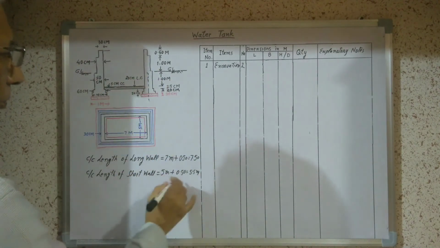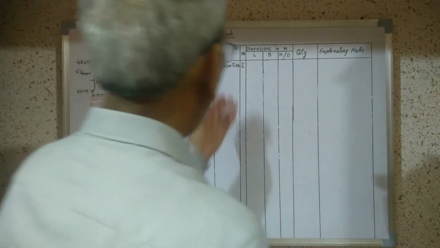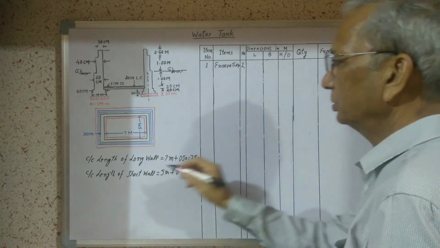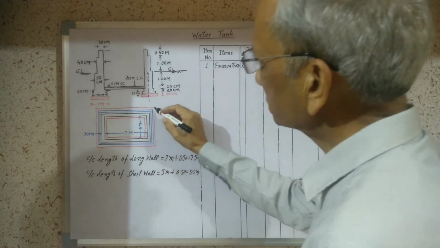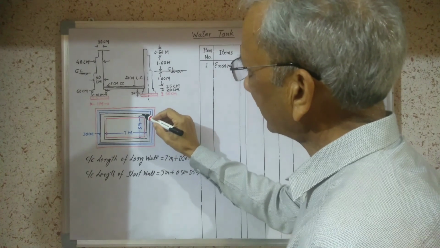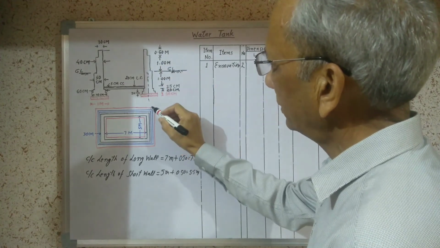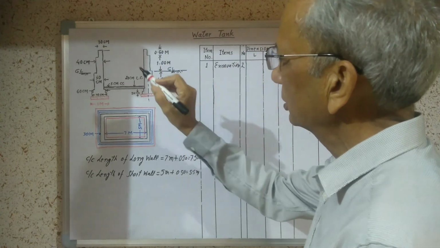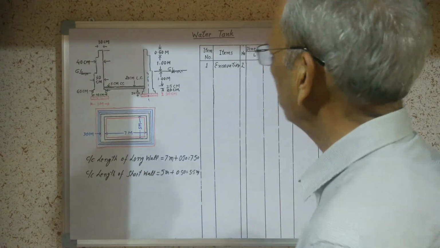Now, this is for items below ground level. First item is excavation. Two number of long walls, 1 and 2. I have shown the superstructure in black color, and in red color I have shown the excavation, the width of excavation, which is 1 meter.